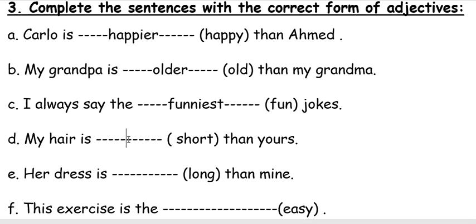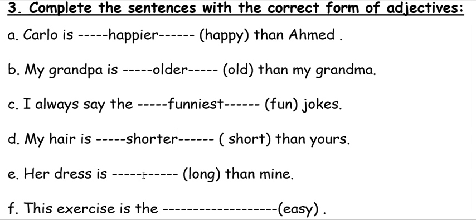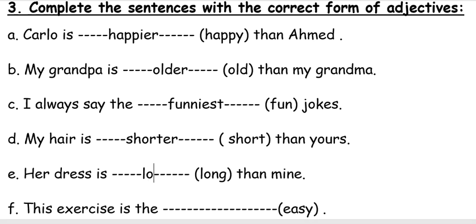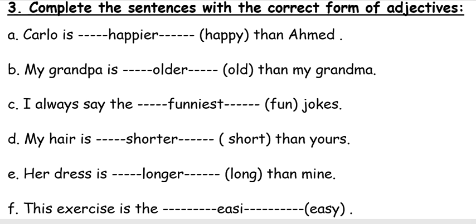So my hair is shorter than yours. Her dress is long than mine. Her dress is longer than mine. This exercise is the easiest of them all. So I cancel the Y and put I-E-S-T. Is it easy? Lovely.